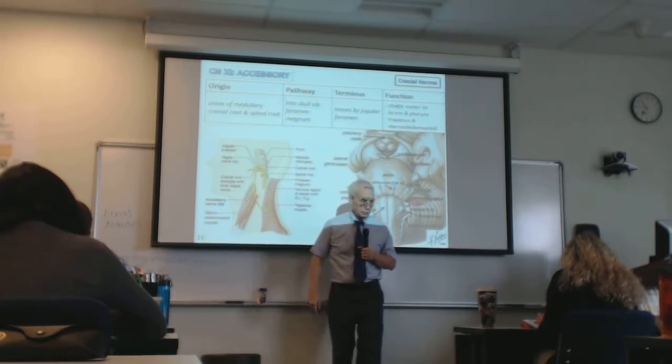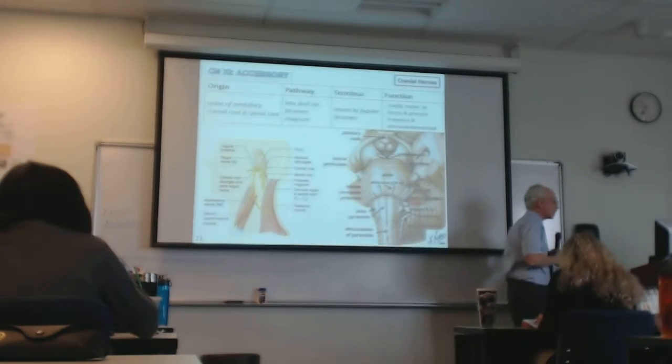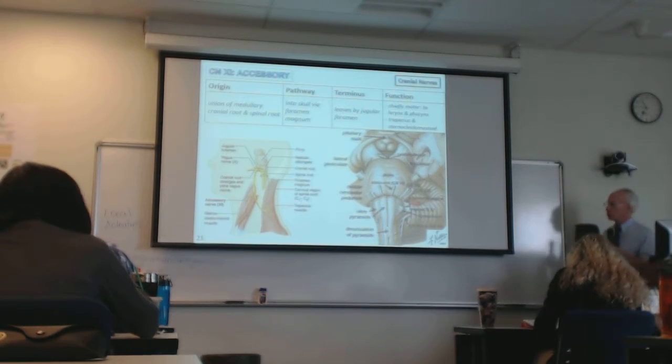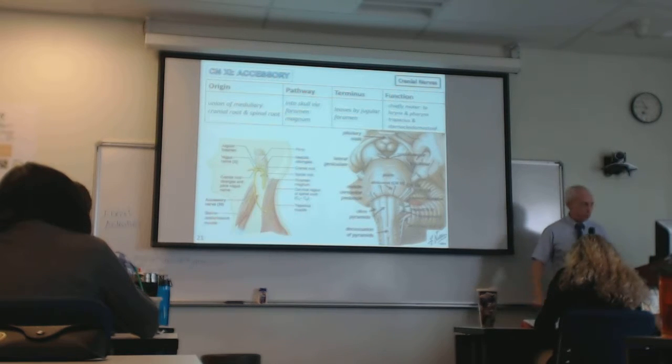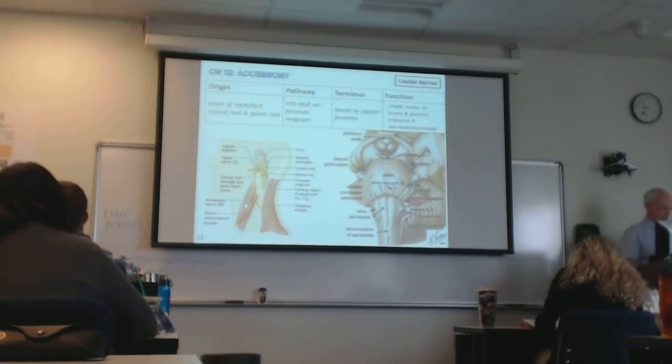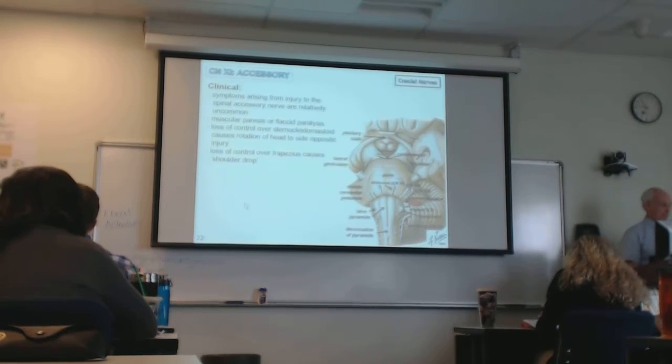So that portion of the pharyngeal regulation is now ascribed to the vagus nerve. And then you can see the function over here. We'll talk more about this later, but it's chiefly the upper trapezius and the SCM.